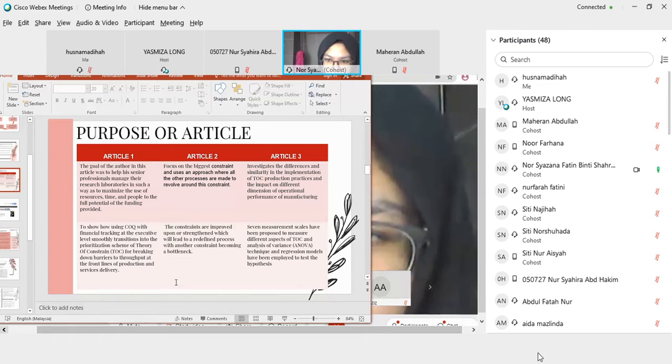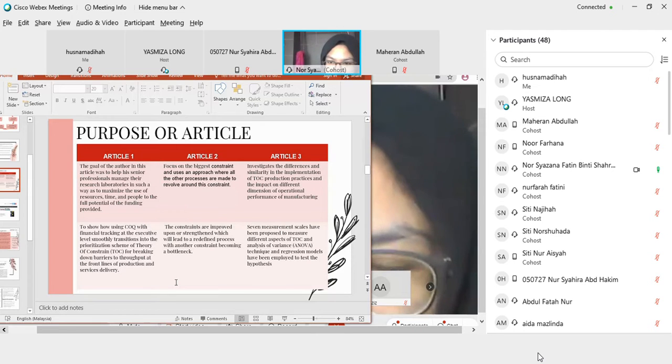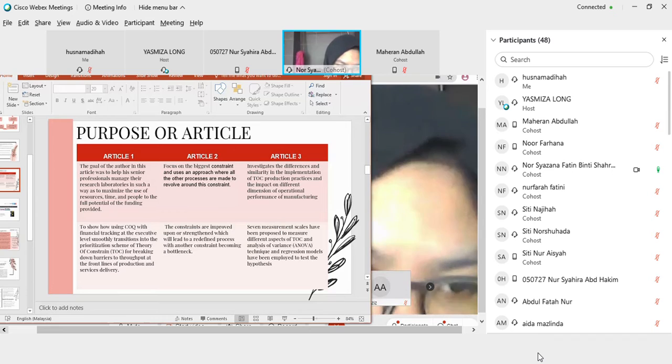For Article 3, it investigates the differences and similarities in the implementation of TOC production practices and the impact on different dimensions of operational performance of manufacturing. 7 measurement scales have been proposed to measure different aspects of TOC, and analysis of variance, ANOVA, technique and regression models have been employed to test the hypothesis.